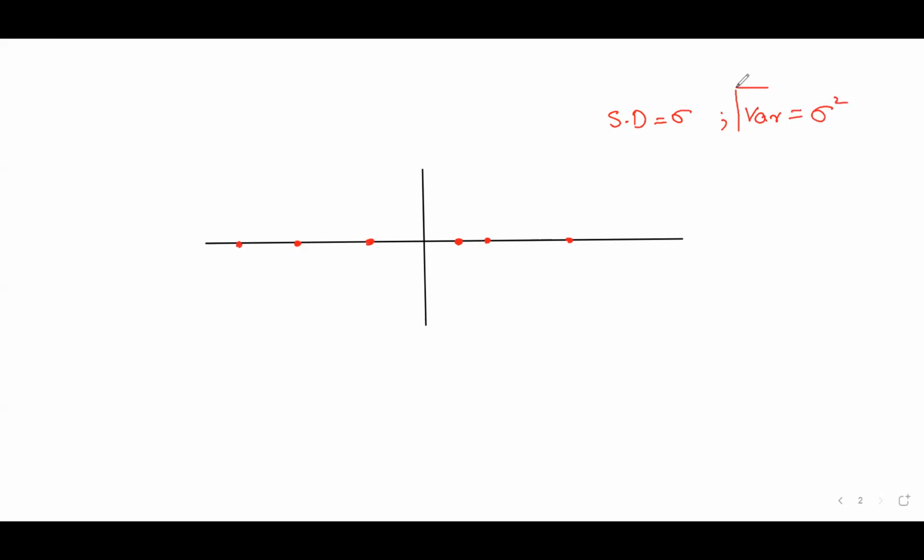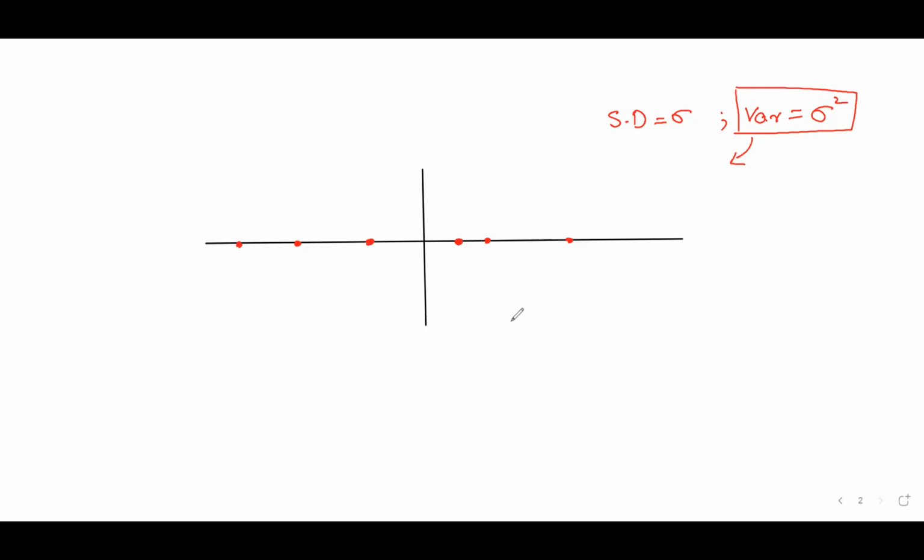We will just get the value of sigma squared, take its square root, and we will find the standard deviation. So what does variance tell us? Variance tells us how our data points are distributed among the mean point, from the center of the mean.